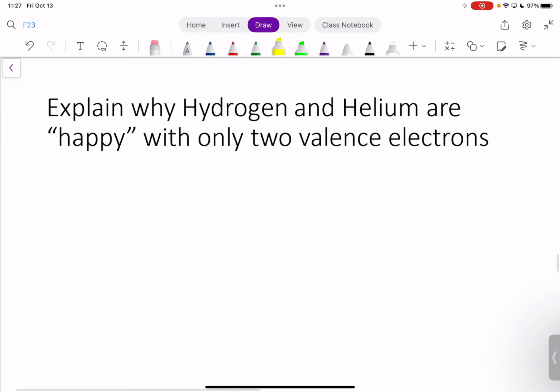Helium and hydrogen. Why are hydrogen and helium happy with only 2 electrons in their outermost shell? They only are in the 1s. Hydrogen gets to 1s1. Helium gets to 1s2.